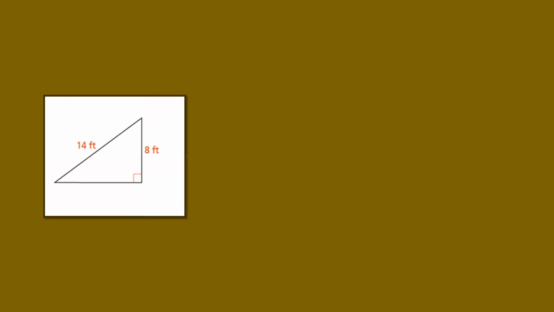Missing side. Again, girls, write the rule first. a squared plus b squared equals c squared.